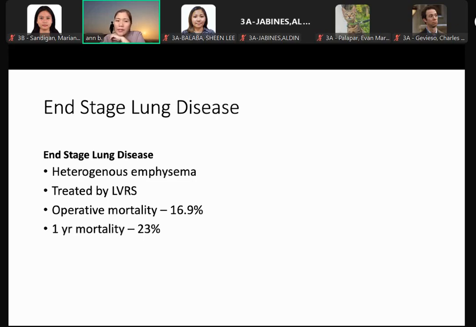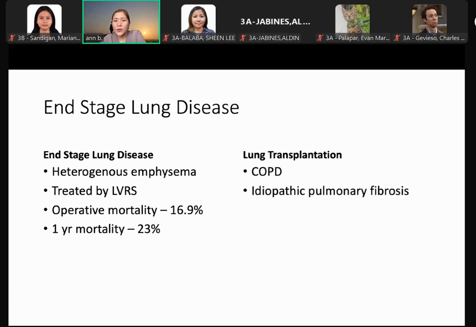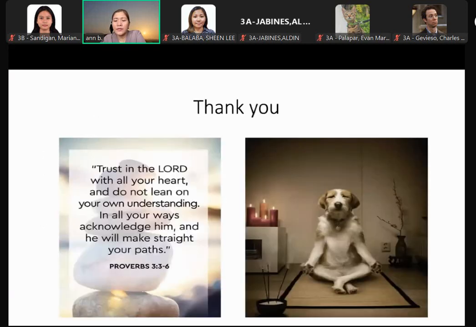If you see one, please refer them to the higher centers already. One year mortality is 23%. So again, end-stage lung disease, when we say end stage, these are candidates for lung transplantation, with patients with COPD, idiopathic pulmonary fibrosis.